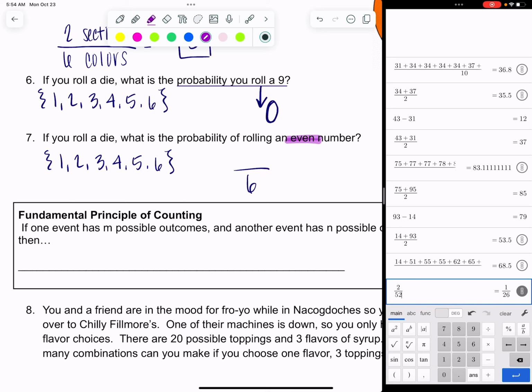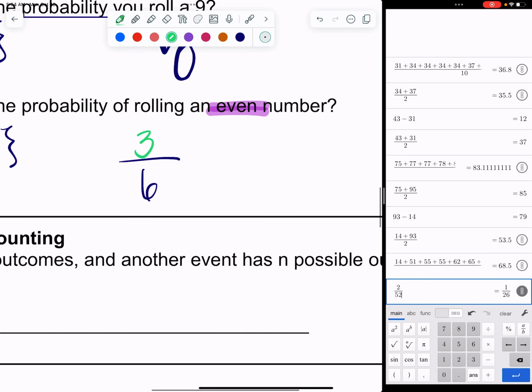Well, if it's been a while since you talked about even numbers, that means we're interested in a 2 or a 4 or a 6. That is 3 outcomes that we want out of 6 total. If I reduce my fraction, I get a probability of 1/2.